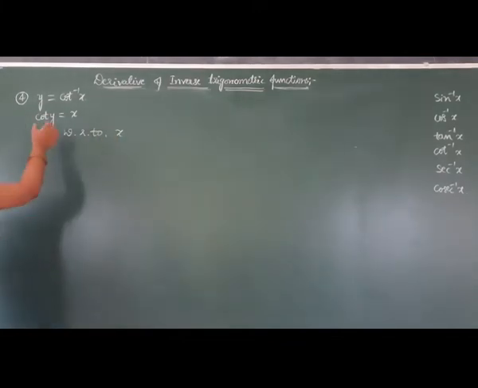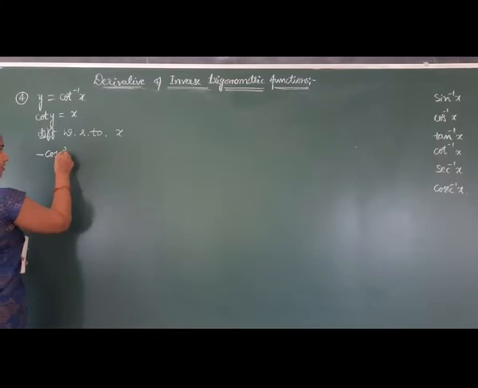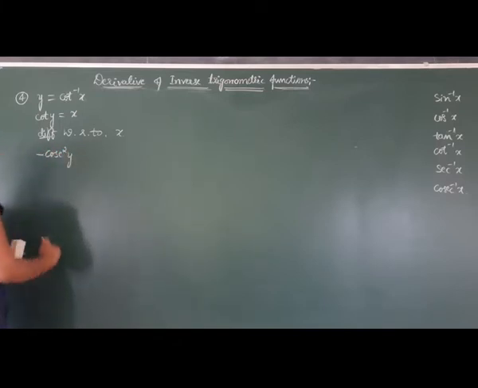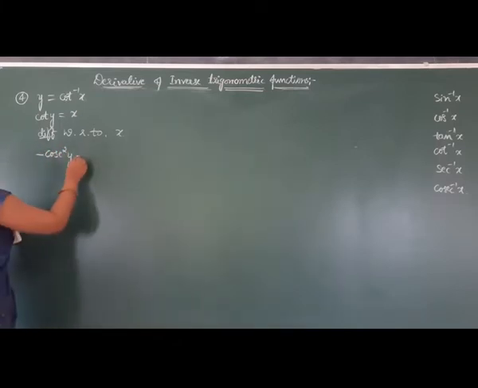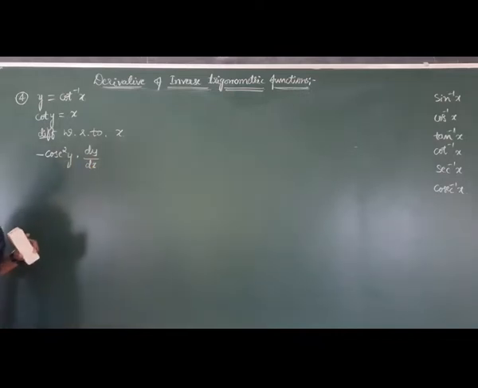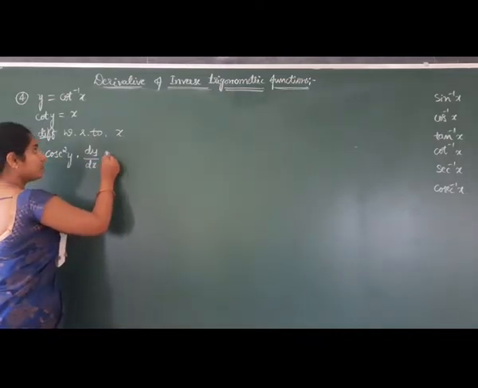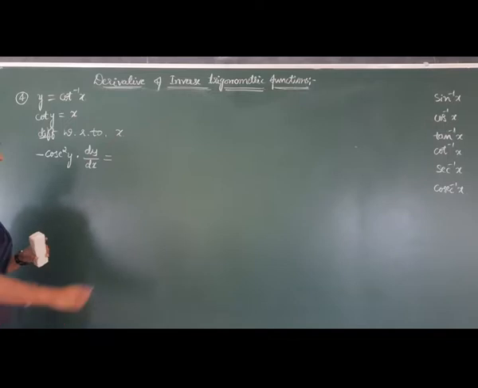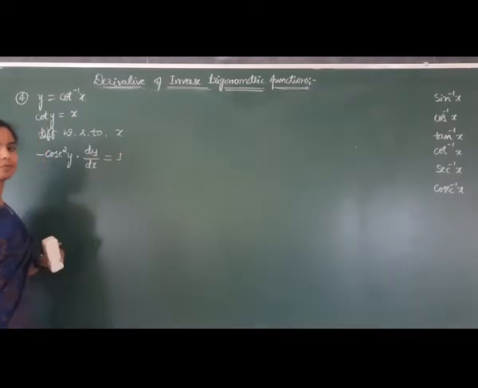So what is the differentiation of cot y with respect to x? Minus cosecant square y into the derivative of y with respect to x, which is dy by dx, is equal to the derivative of x with respect to x, which is 1.